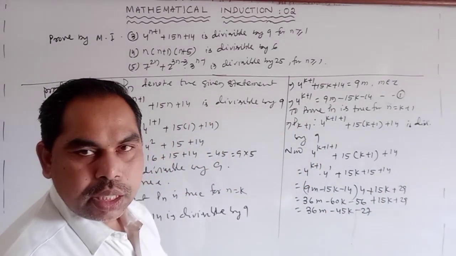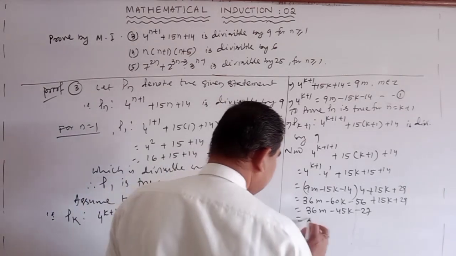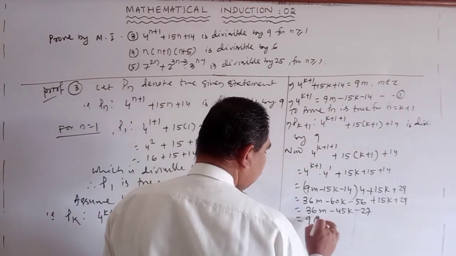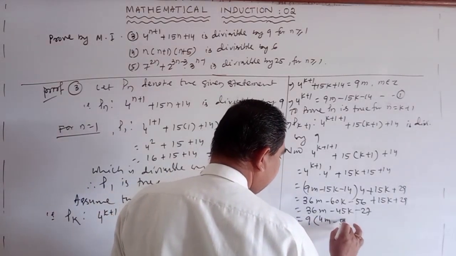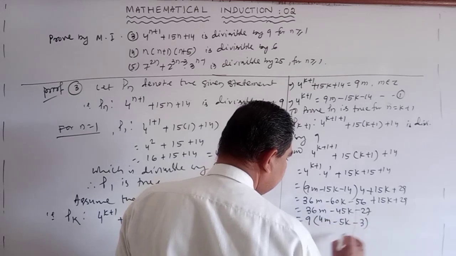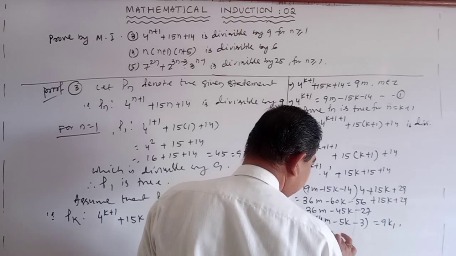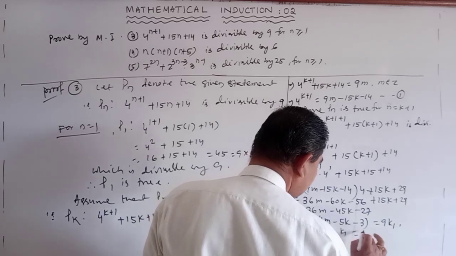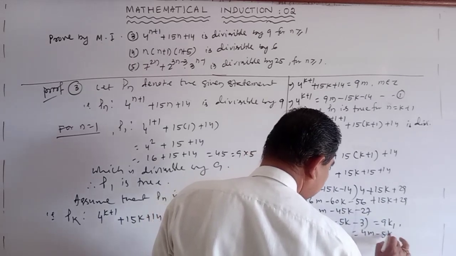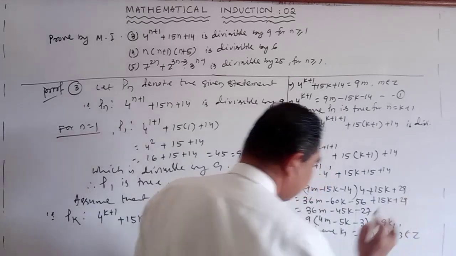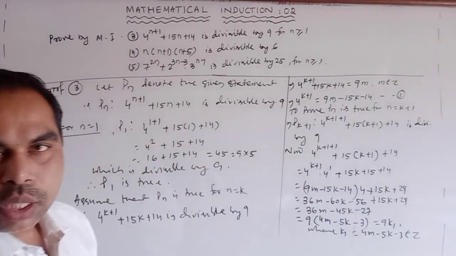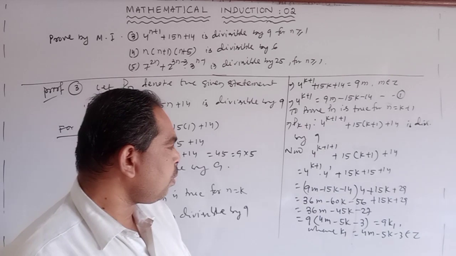So minus 27. So is equal to 9 into 4m minus 5k minus 3, is equal to 9 into k1, where k1 is equal to 4m minus 5k minus 3 belongs to the set of integers Z. So this implies Pk plus 1 is true.